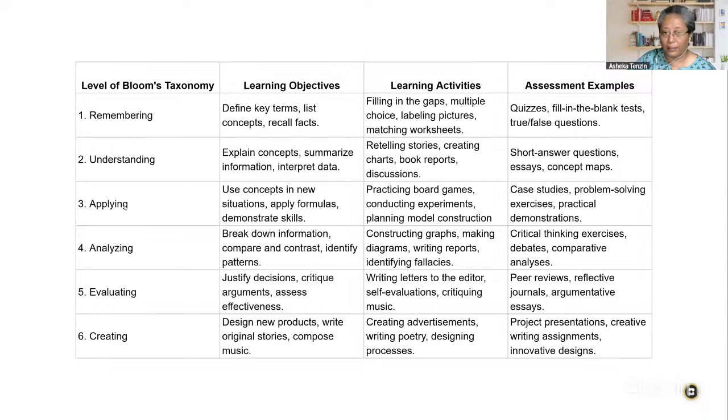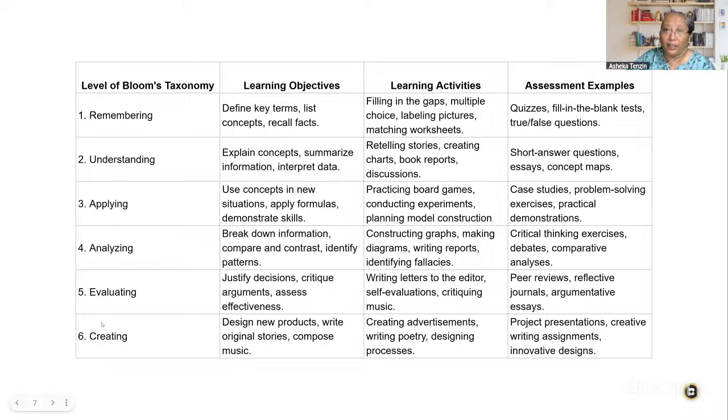Okay, under the third level, under analyzing, you will break down information, you will ask the students to compare and contrast and to identify if there are any patterns. For evaluating, you justify decisions, you critique arguments, and you assess the effectiveness of something. Whereas in creating, you design new products, you write original stories, you compose music. So these are all the learning objectives that you can use for these different levels.